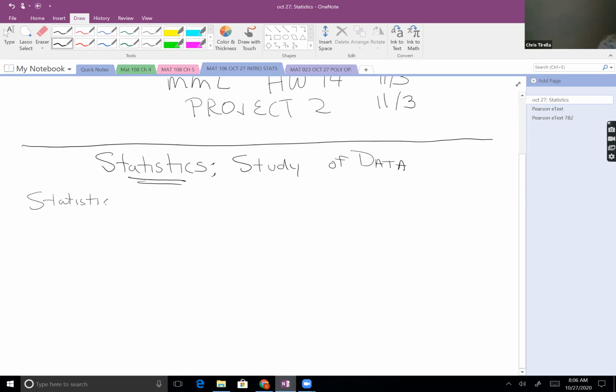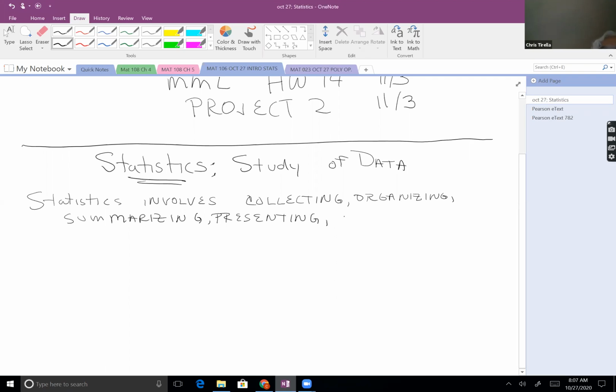Statistics involves collecting, organizing, summarizing, presenting, analyzing, interpreting data, and using data to make predictions.